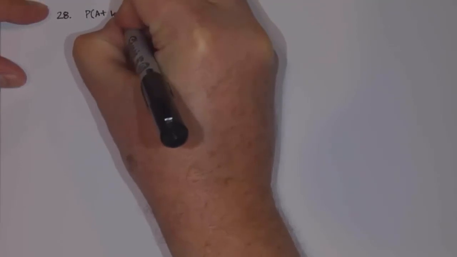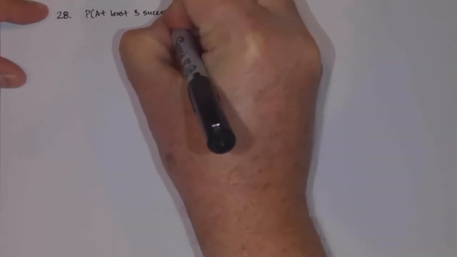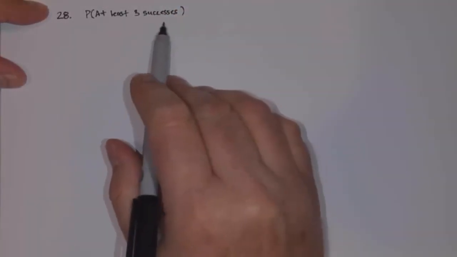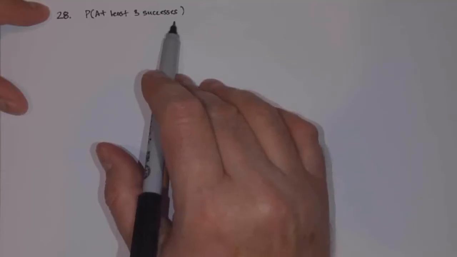Okay? So the key to this problem is recognizing that this is a binomial probability. We are looking for the probability of at least 3 successes. In other words, the probability of answering at least 3 of the questions right, okay?